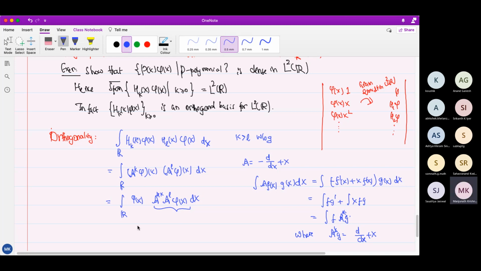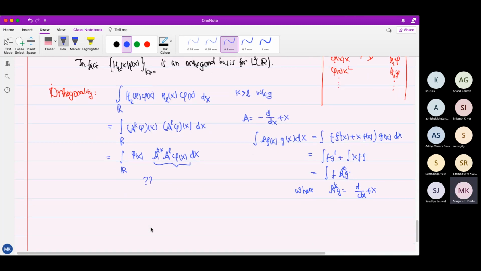Maybe there should be a way to continue here, but instead let me take Kaushik's suggestion. That's a nice one. If you take the inner product of HK phi with HL phi in L2, this is the same as their Fourier transforms.